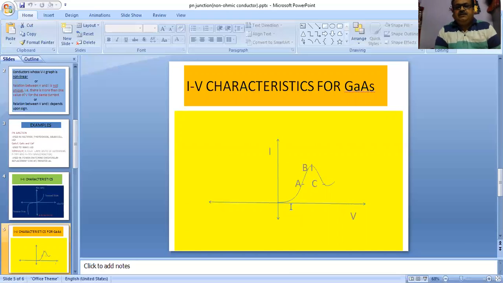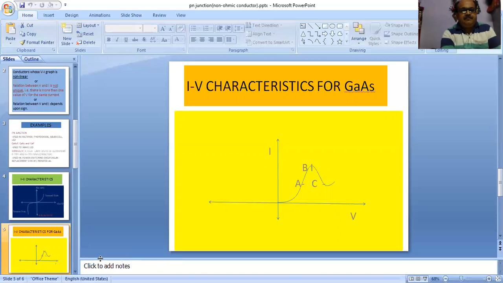This graph is given in the question with points, and students are asked to show which part of the graph represents positive change in resistance and which part shows negative change in resistance. In this graph, AB represents positive change and BC represents negative change.